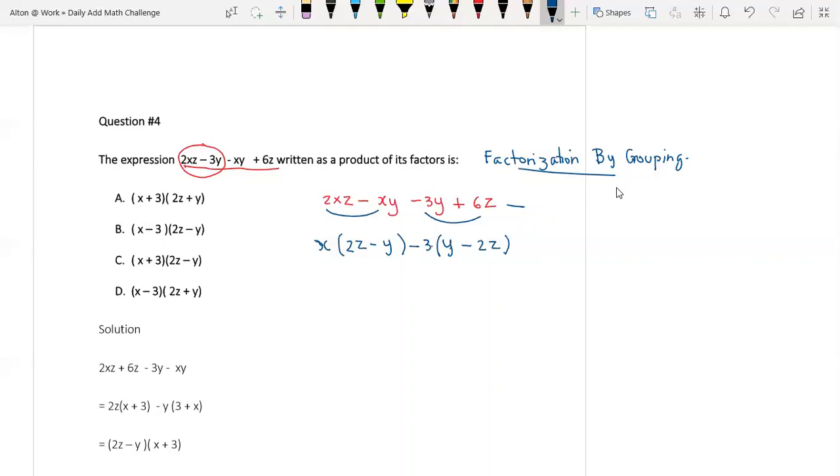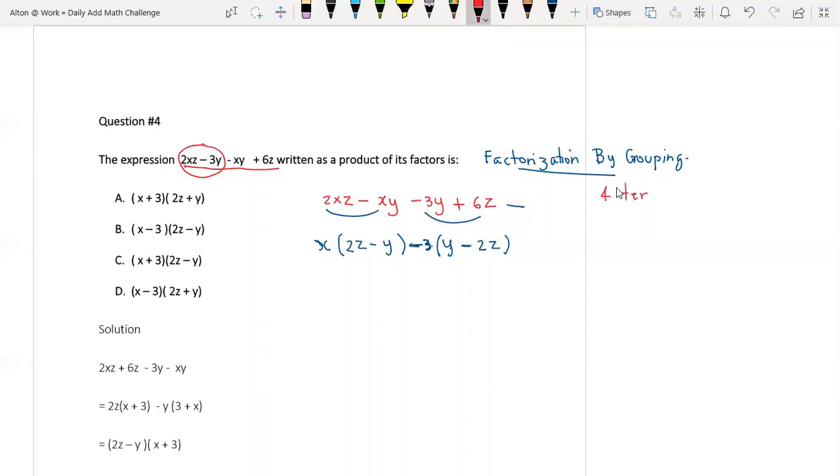Minus 3 by minus 2z is plus 6z. Notice how your sign changes because you have factored out a negative quantity here. That is minus 3.